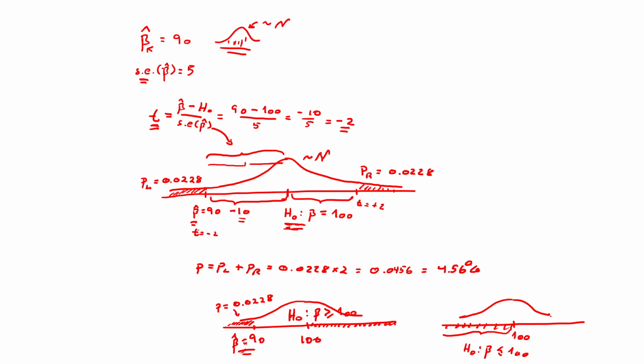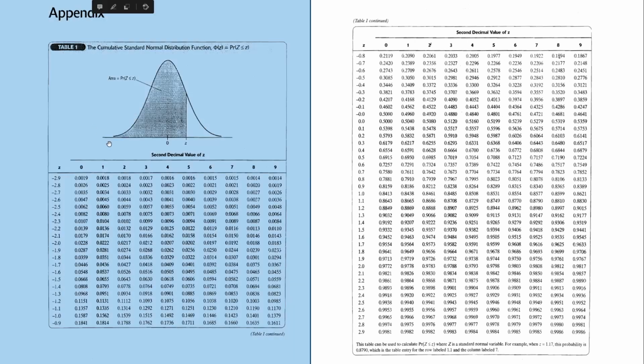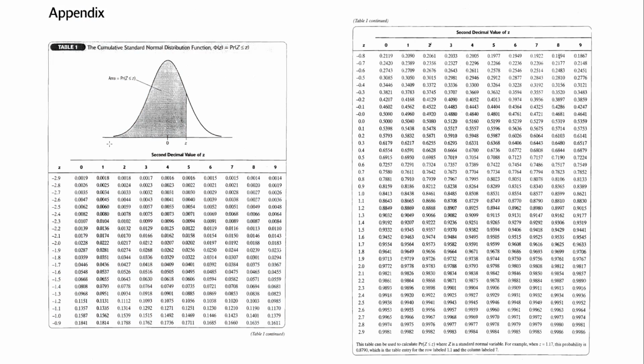Then you would try to find the right tail probability here by use of the table. However, this table only gives you the left tail probability, which means that you would have to find the left tail probability by changing the sign of the t value.